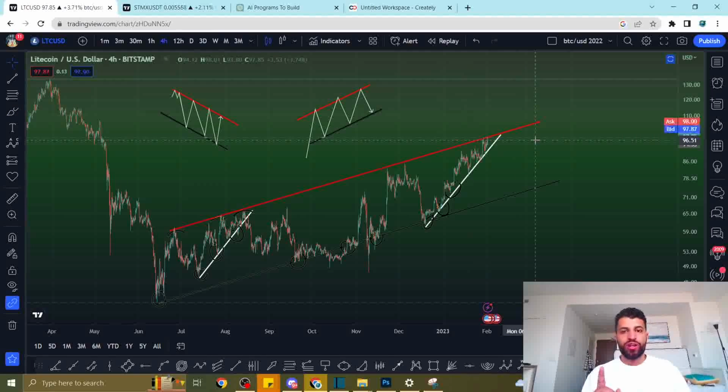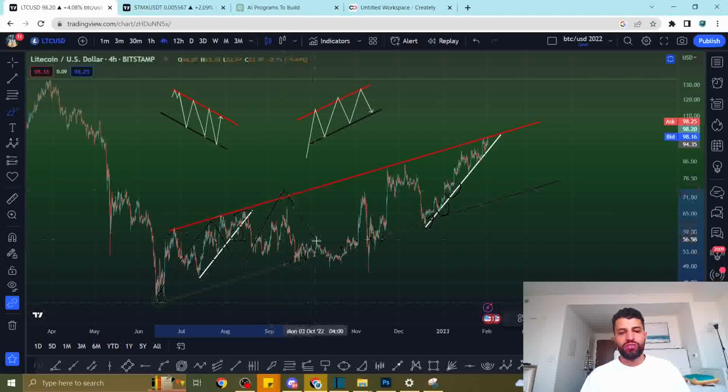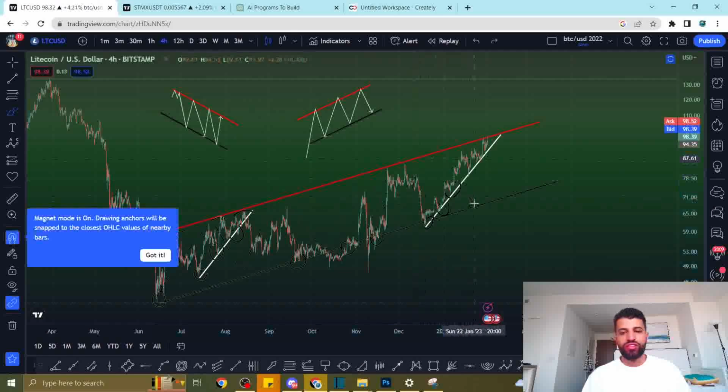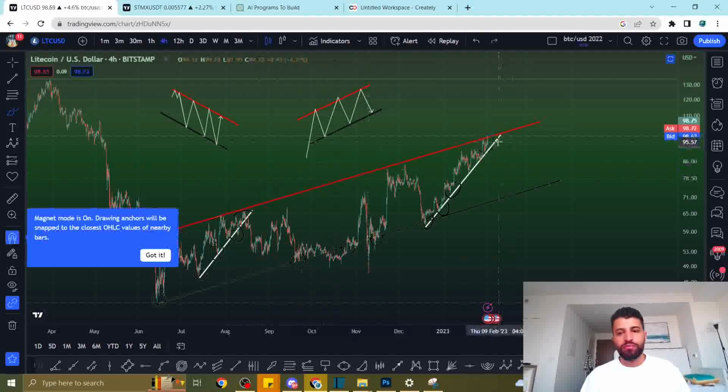Now, something I want to mention about the support and resistance level, they don't always play within the range. Just because we found a support and resistance does not mean price action is not programmed to break above or below these support levels. There are times where the algorithm, just like it is attempting right now, might try to break above a support or resistance.